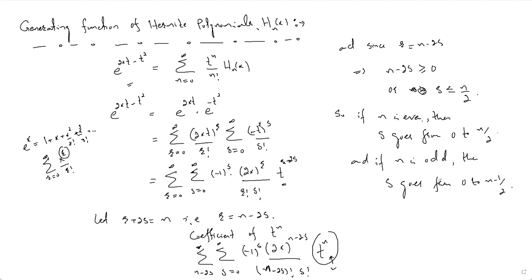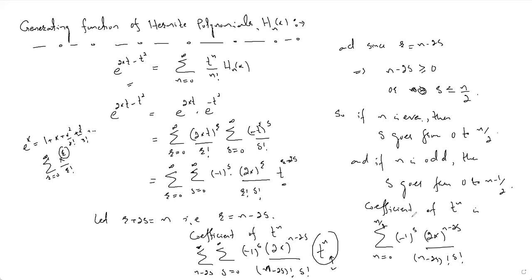Okay, so if that is the case, how will I write down this function now? What will be the coefficient of t raised power n from this equation? The coefficient of t raised power n is summation s running from 0 to n by 2 for even values, minus 1 raised power s, 2x raised power n minus 2s, divided by n minus 2s factorial into s factorial.